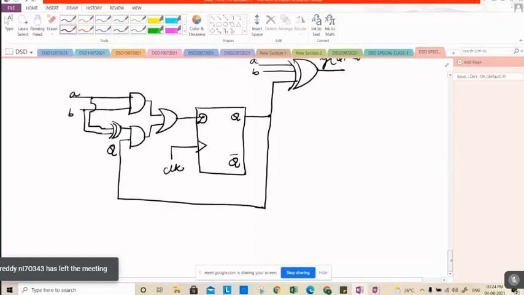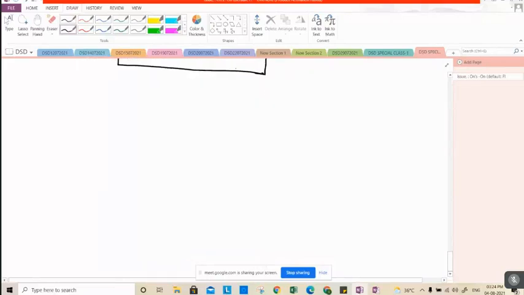See, this circuit is redrawn as follows.